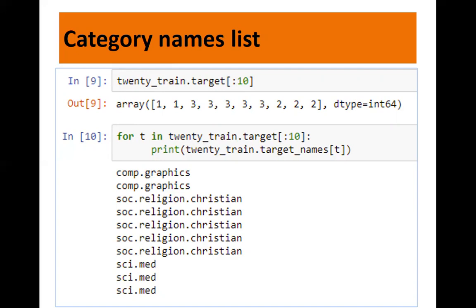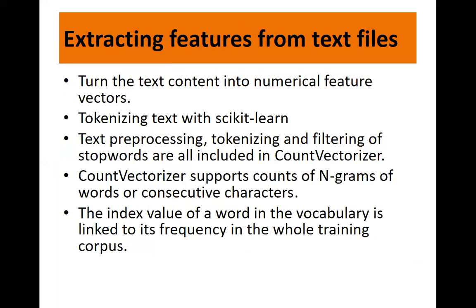Fine. Okay. Now, next let's start extracting the features from the text files. Now the training text data is already ready. So in order to perform machine learning on text documents, we first need to turn the text content into numerical feature vectors. Right? A vector is nothing but a matrix, in simple language.